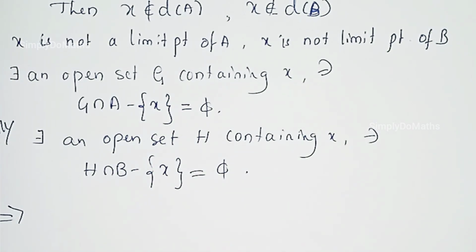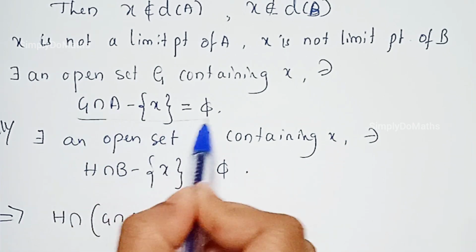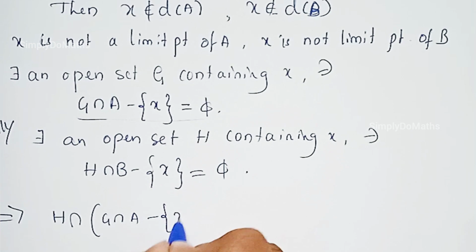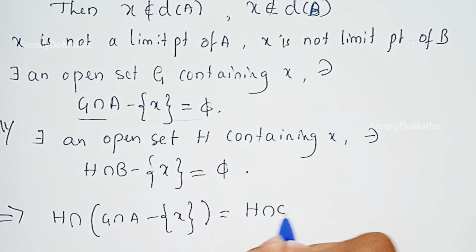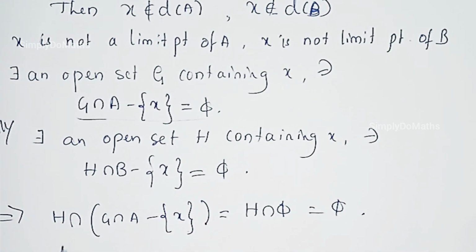Combining these two, H intersection G intersection (A minus singleton set X) is equal to H intersection the value of this, which is empty.